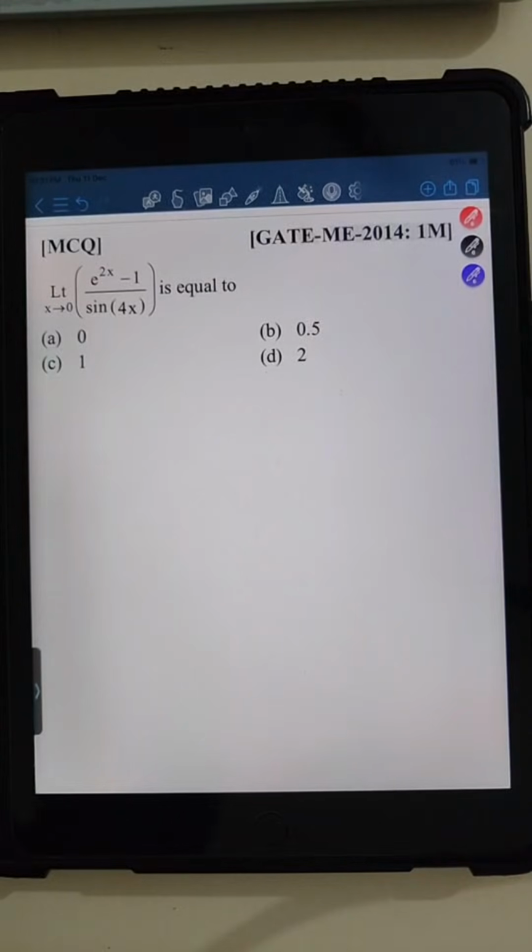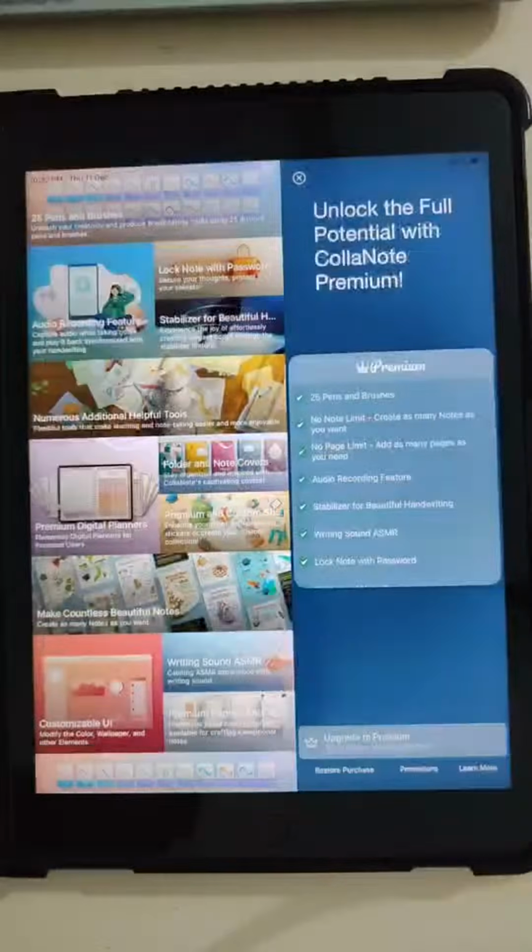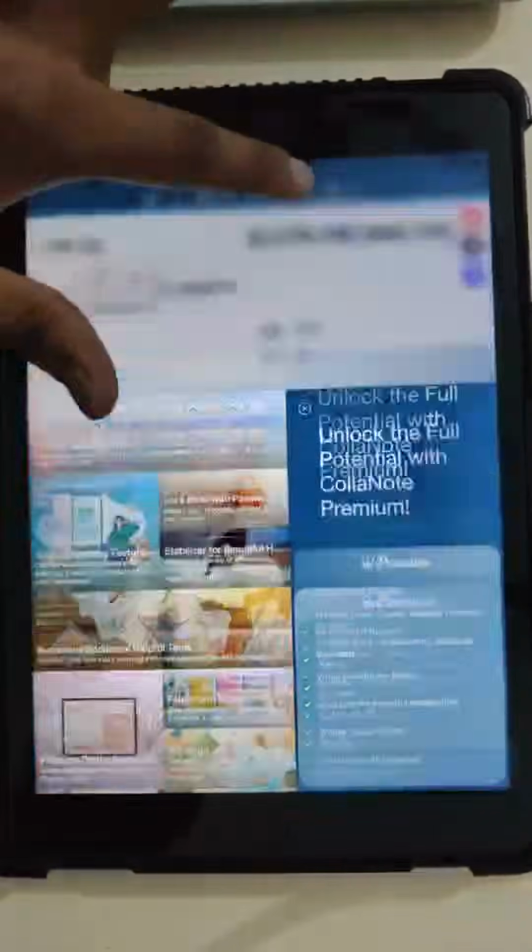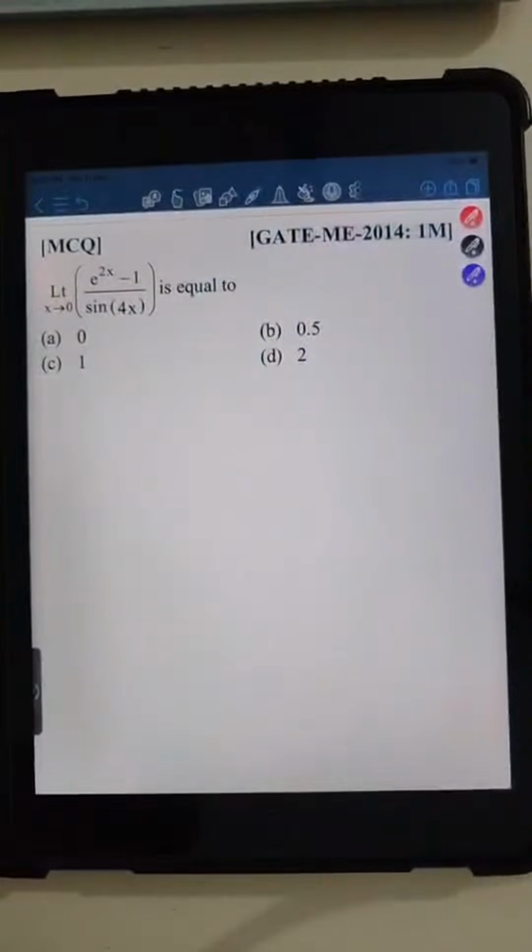And then you can differentiate the numerator and denominator part and see whatever you are getting. Anyone who has got the correct answer, let me know in the comment box.